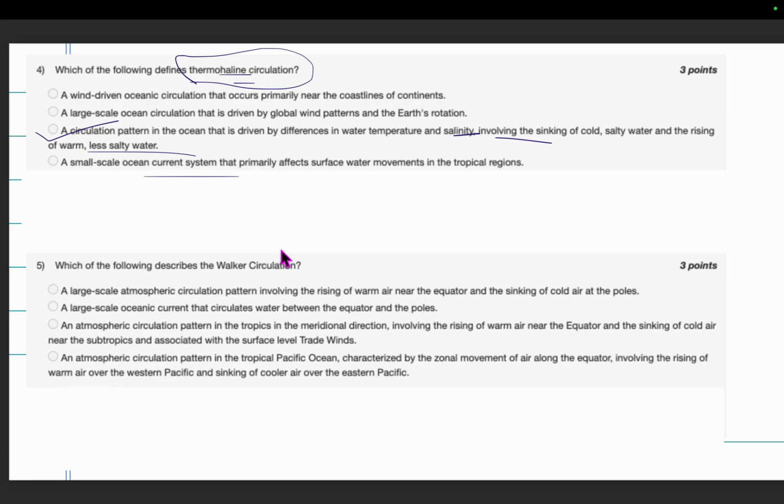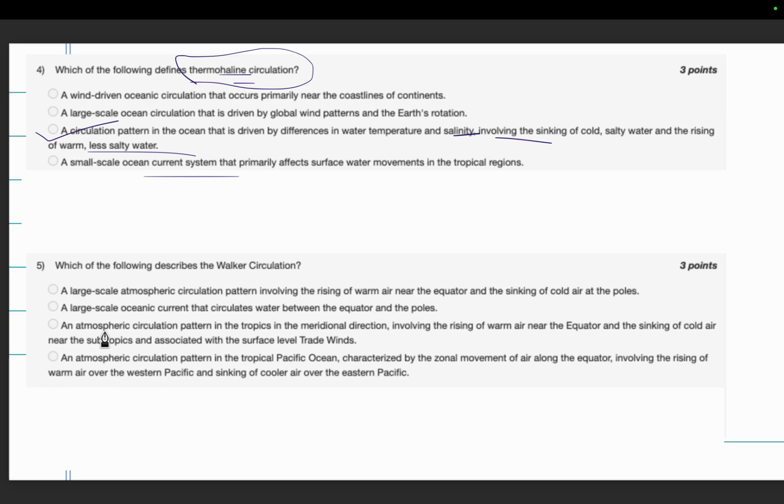Now question 5, which of the following describes the Walker circulation? A large scale atmospheric circulation pattern which involves rising of warm air near the equator and sinking of cold air at the poles. A large scale oceanic current that circulates water between the equator and the poles. A large scale oceanic circulation which occurs between the equator and the poles.